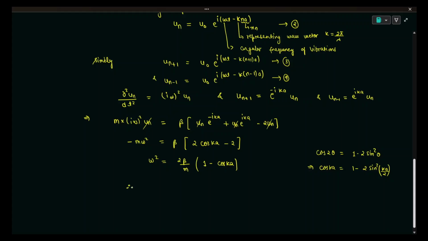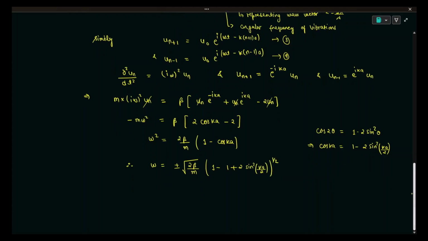So therefore omega will be plus minus under root of 2 beta divided by m, and then 1 minus 1 plus 2 sine square ka divided by 2, whole raised to power half.